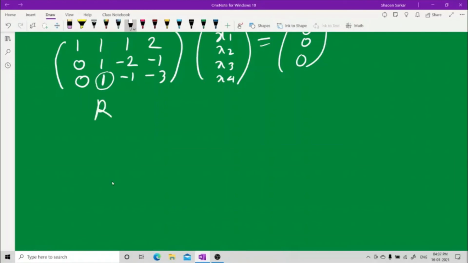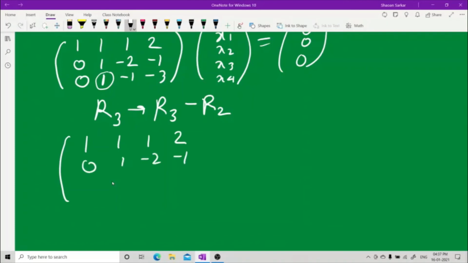R3 becomes R3 minus R2. So now this is going to be 1, 1, 1, 2; 0, 1, minus 2, minus 1. Now 0 minus 0 is 0, 1 minus 1 is 0, minus 1 plus 2 is plus 1, minus 3 plus 1 is minus 2.